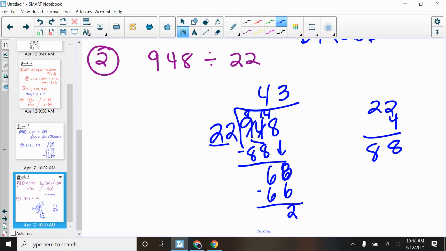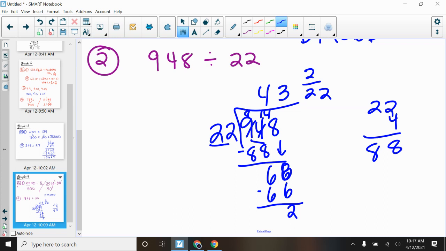So this was Addison's question. Will the people that make this test want you to say that the answer is 43, remainder 2? No, that's for sure. Will they want you to know that the answer is 43 and 2 over 22? Technically, they won't have that as an option either. Why? You got to simplify. 2 over 22 is not in simplest form.